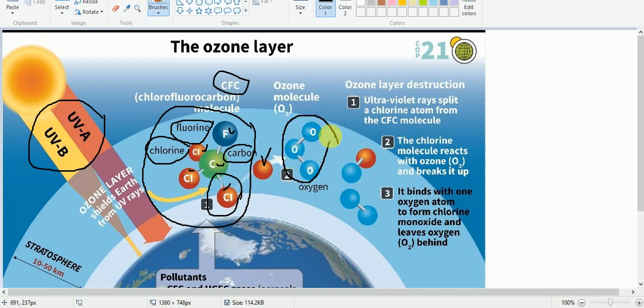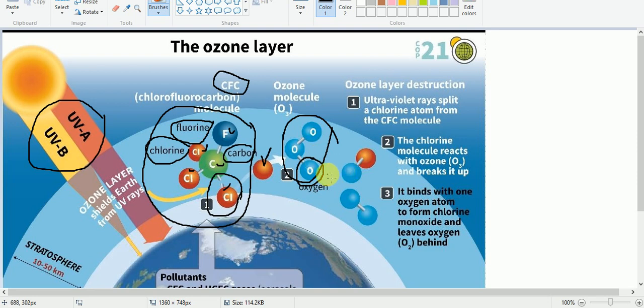When the chlorine atom reacts with the ozone molecule, one atomic oxygen breaks off.